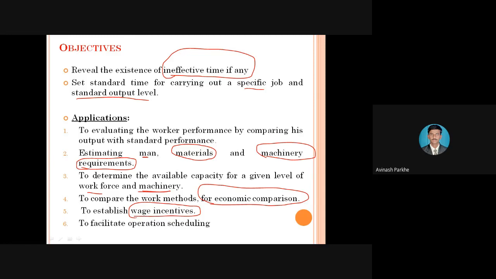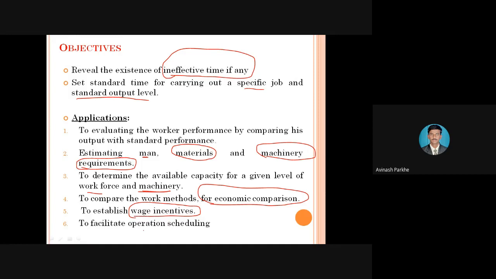That means we have to give additional charges to the second worker. But what about the first worker, who takes 30 minutes extra? It is not possible to provide additional charges, because his manufacturing time and cost have increased. The second worker completed 15 minutes early, so he has saved manufacturing time and manufacturing cost. For such workers, we have to give additional wages and incentives, so he can perform his next work in an effective manner.